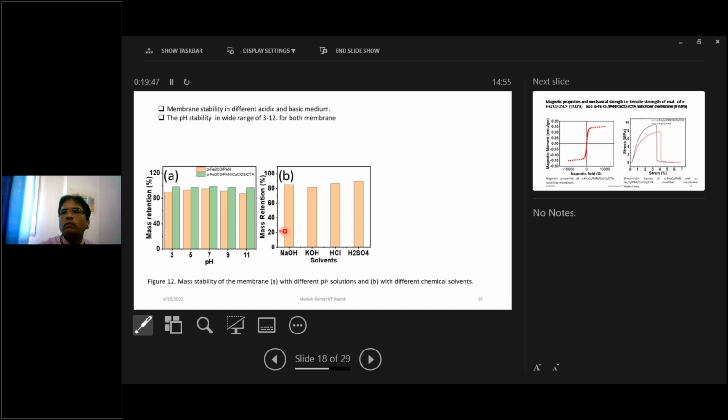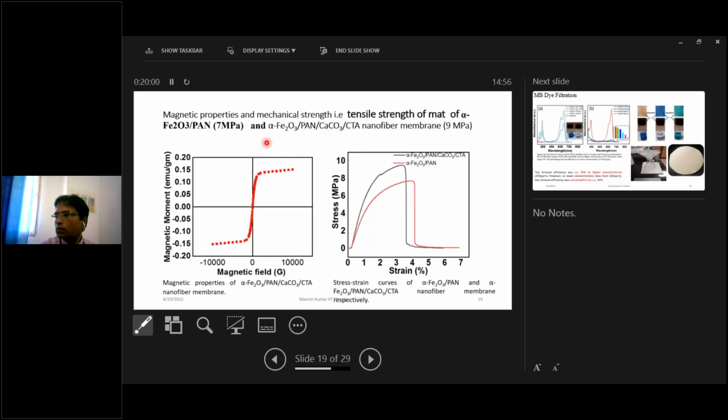In different solvents also it is very stable, with not much loss. Then we tested its magnetic and tensile strength, the mechanical properties. We found that it shows magnetic behavior also, due to alpha-Fe2O3. So this is a good thing.